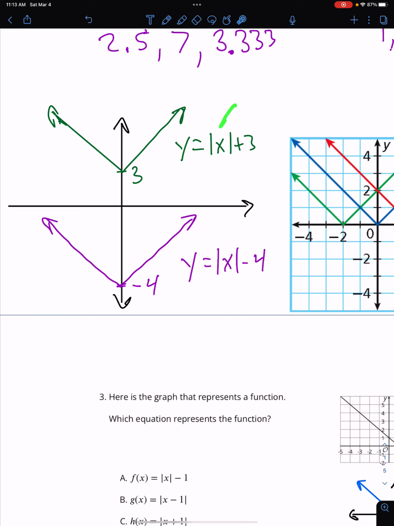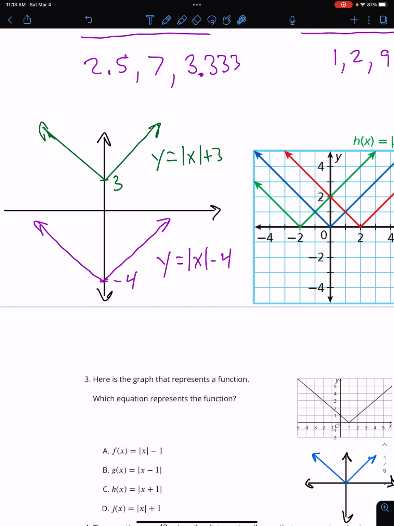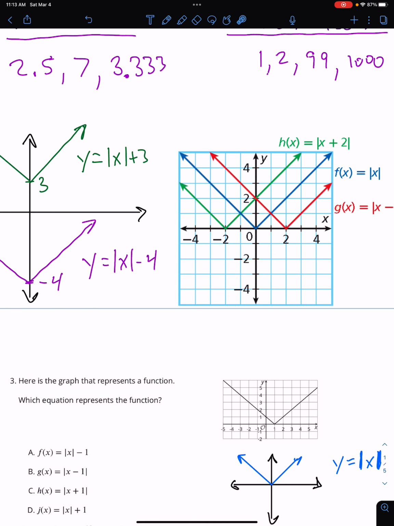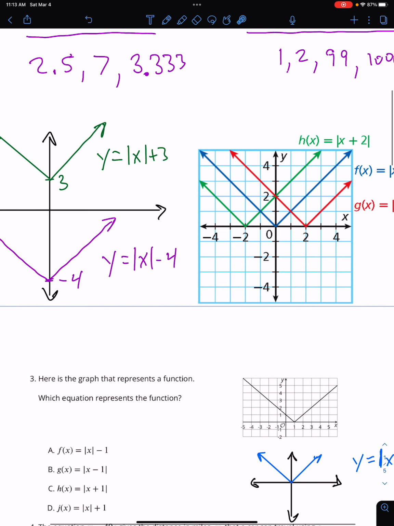And whatever we do on the inside affects the graph differently than what we do on the outside. Here, they're adding 2 inside of the house, inside of those absolute value bars. But here we're adding 3 to the outside of the house.